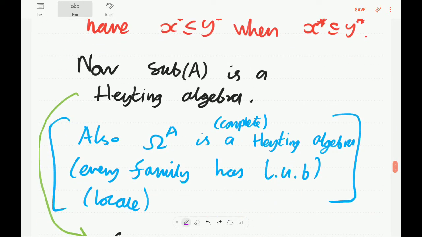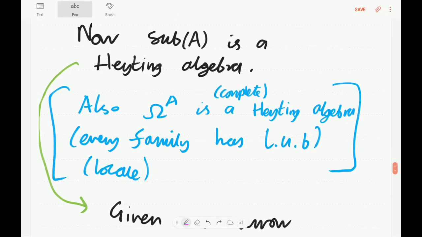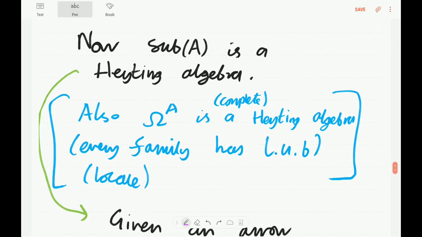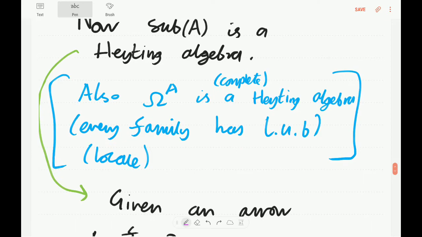Now, there's various other things. One closely related idea is this power object, omega to the power of A, which is actually also a Heyting algebra, because basically we can talk about the same kind of thing, all these subobjects of A from this context, and which is included in which.